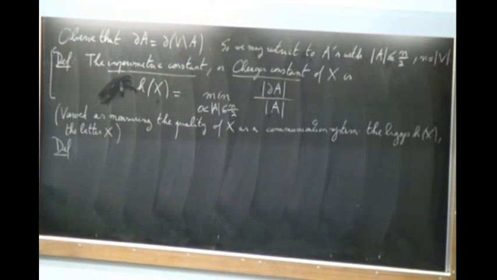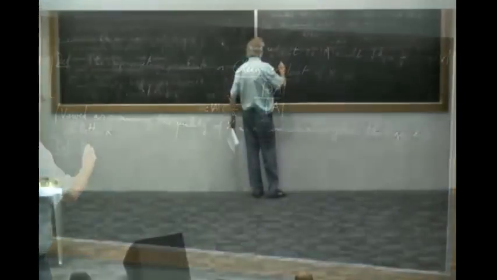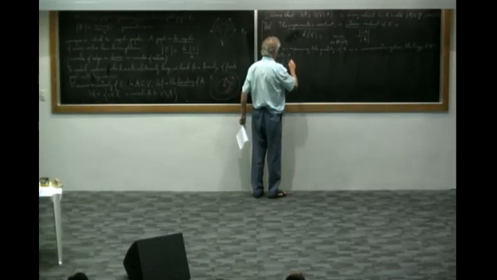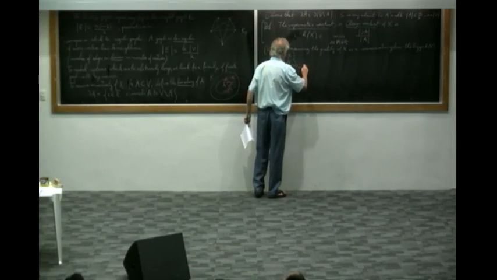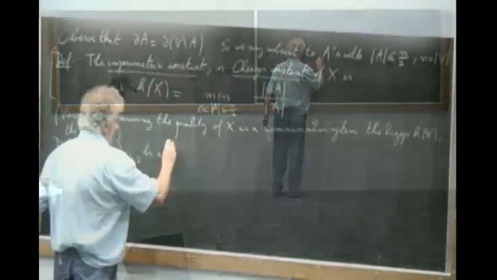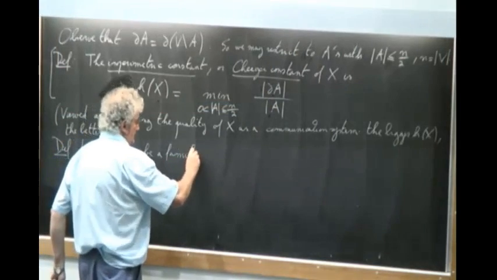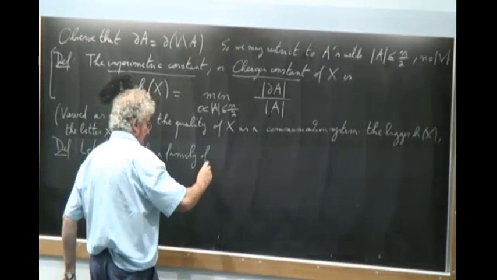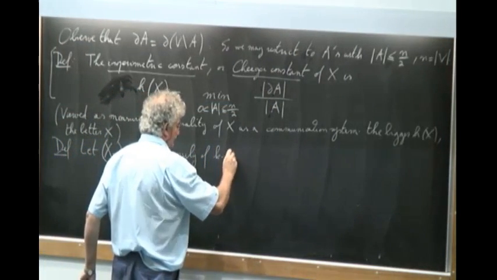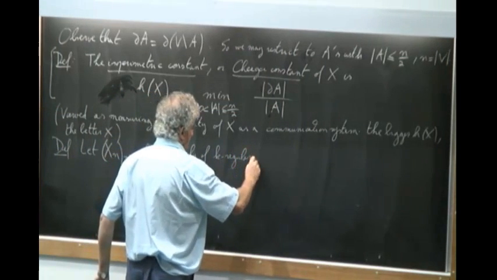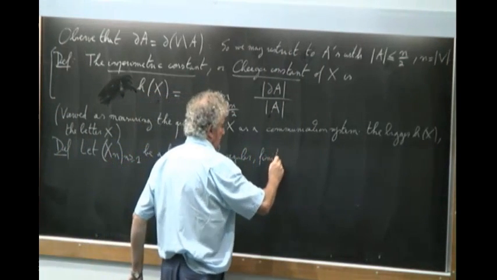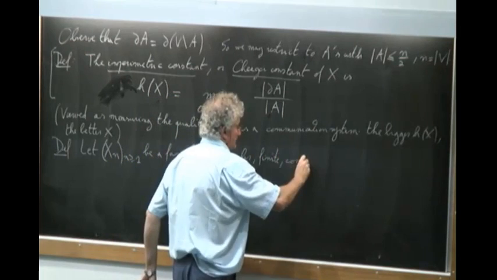And now, with this, I can define what is a family of expanders. So let X_n be a family of k-regular finite connected graphs.